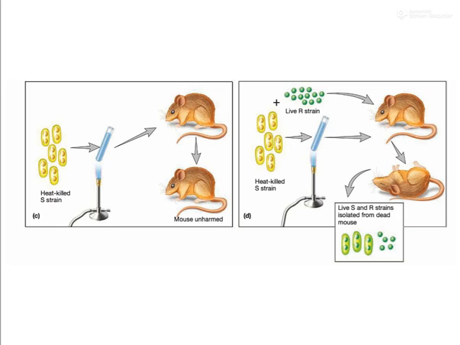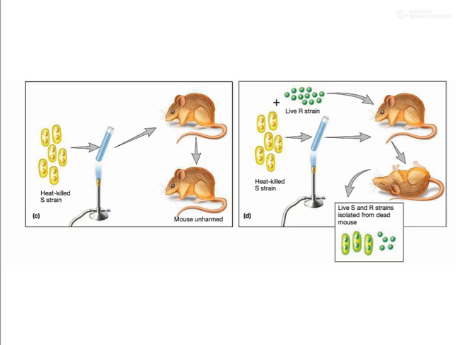Further on, they wanted to find out what was responsible for causing the mouse to die. In this experiment, he heat killed the smooth strain and inoculated it into the mouse, and the mouse remained unharmed. But when the heat killed S strain and the live R strain were mixed together and injected, the mouse was killed.